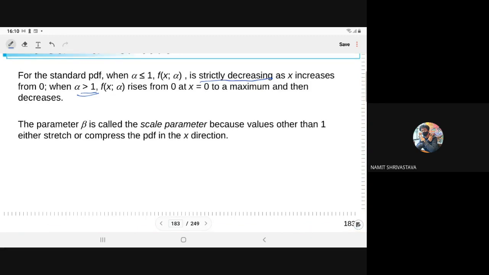So here the parameter beta is called the scale parameter, because for different values of beta we get different shapes: the curve is either confined or enlarged. A value other than 1 either stretches or compresses the PDF in the x direction.